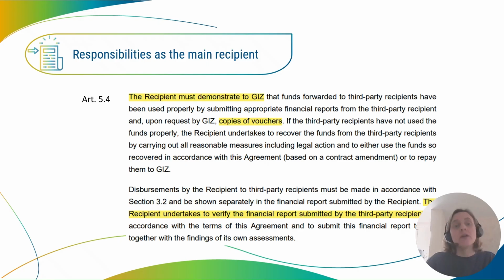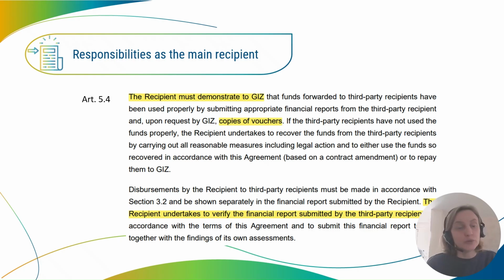It also means that we will request vouchers directly from you as a main recipient, even when those costs come from your partner's budget. So it's really important to stay in close contact with your partners and make sure you receive all the necessary documents in good time.